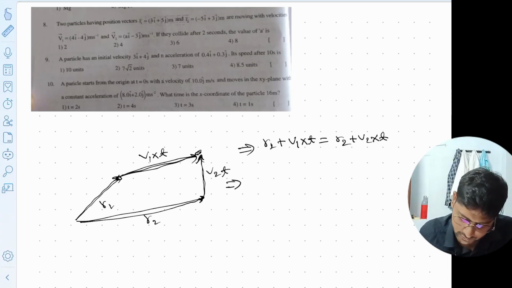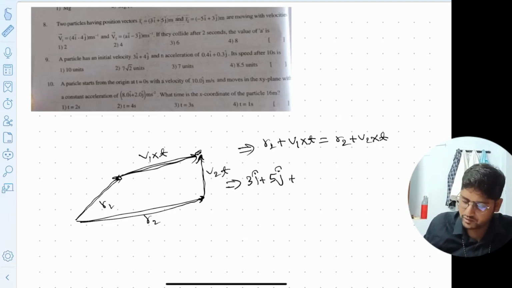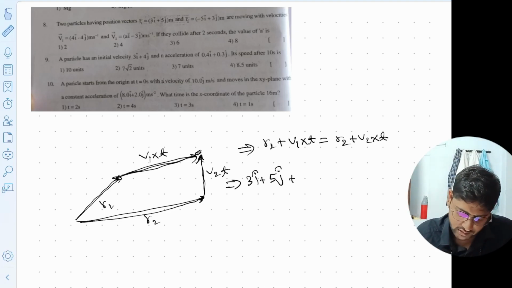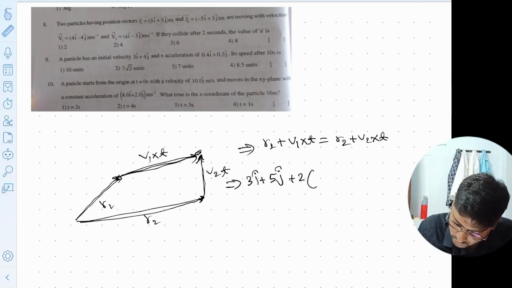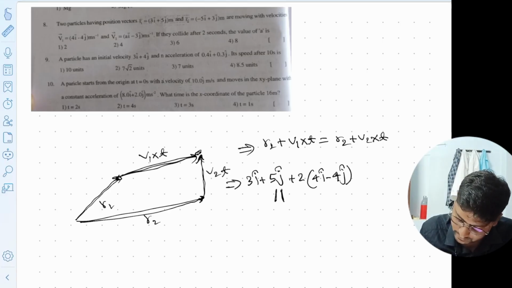So r1 is what? 3 i cap plus 5 j cap plus velocity into time. Time is given 2 seconds. Velocity vector of 1 is 4 i cap minus 4 j cap. And this will equal R2 vector.